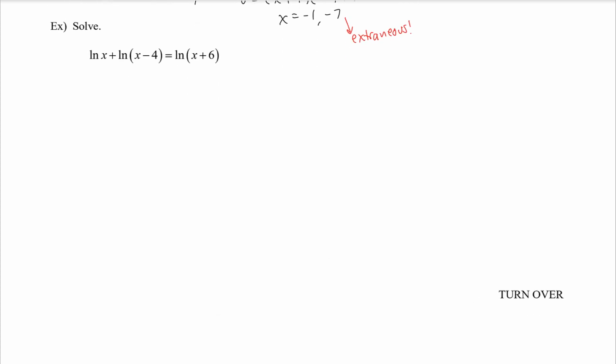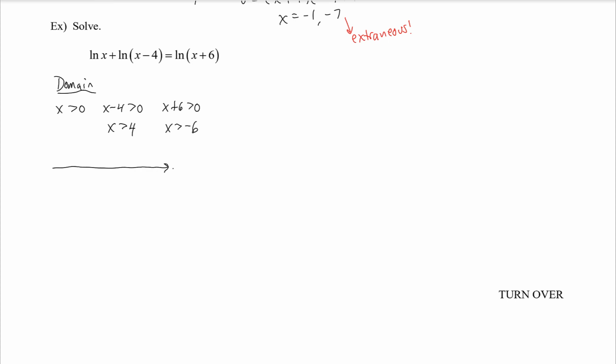Let's solve another one. I've got natural log of x plus natural log of x minus 4 equals natural log of x plus 6. Ooh, this time I won't forget the domain. Let's do domain. So x has to be positive from that one. x minus 4 has to be positive, so x has to be bigger than 4. And then x plus 6 has to be positive, so x has to be bigger than -6.